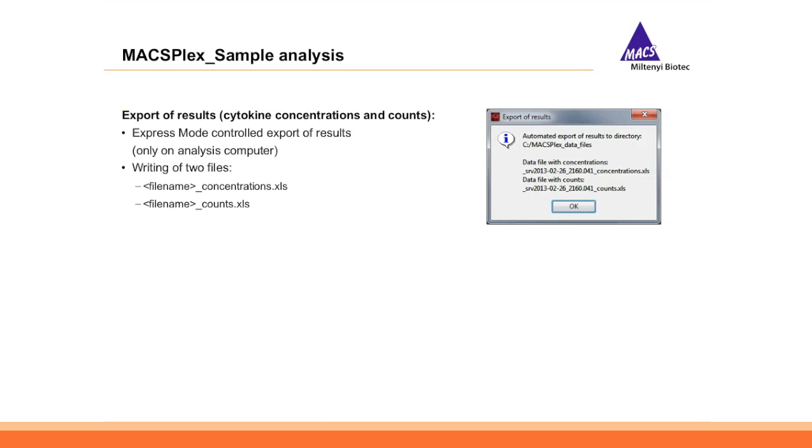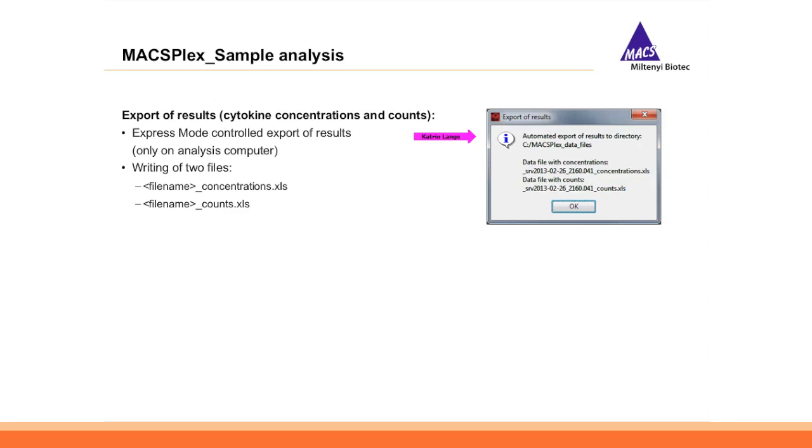And also a new feature in our software 2.6 is the automated export of the results of the cytokine concentrations and the counts. This is an express mode controlled export that only is done on the analysis computer. As soon as the export is done, you get an information window you see over here. And this tells you where the exported results are saved, so the directory.